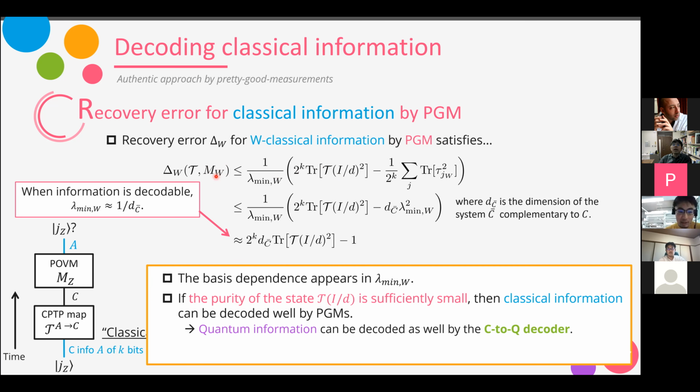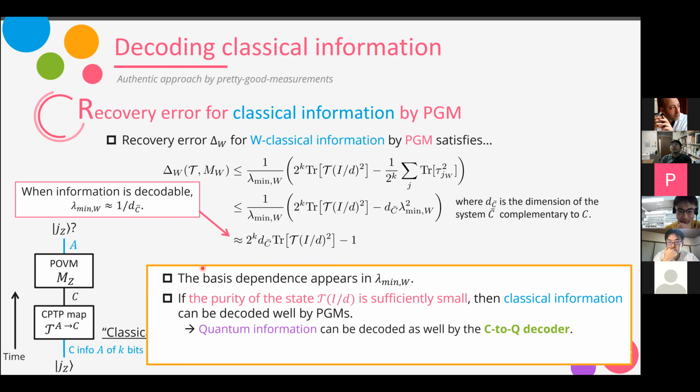But is this pretty good measurement the best choice for this delta W? It's close to optimal, that is what we believe, as far as I understand. But I don't know if it's really the best or not. But it's really good. That's why we call it pretty good measurement. Thank you for the question.